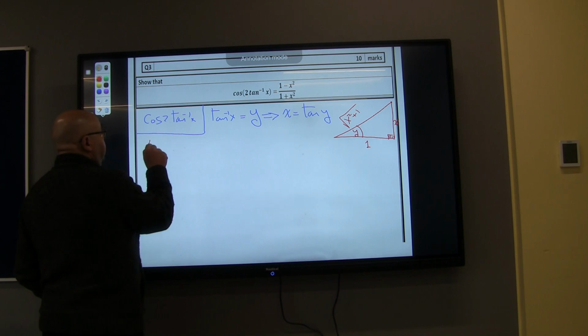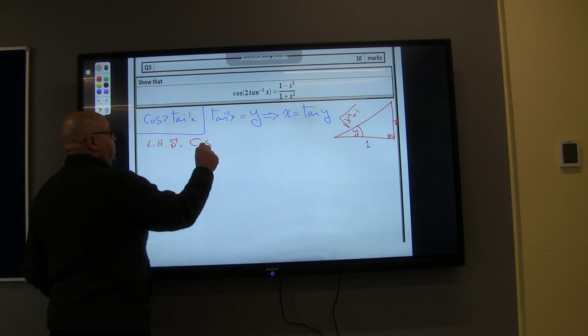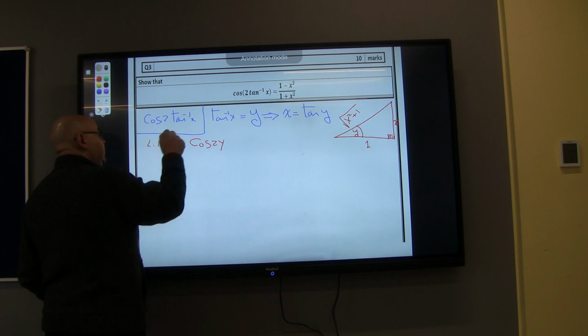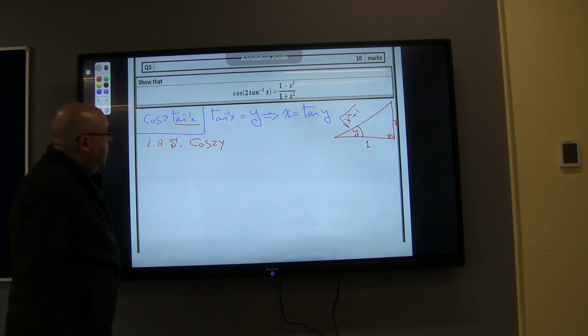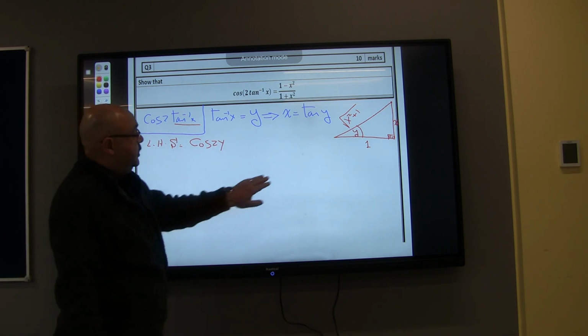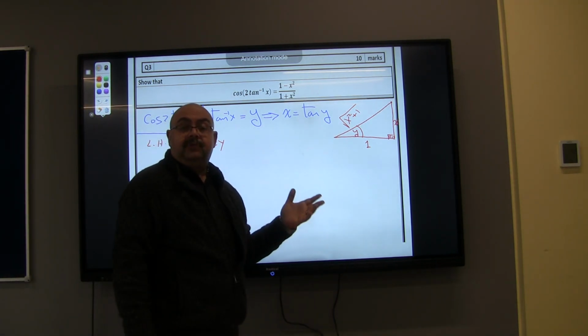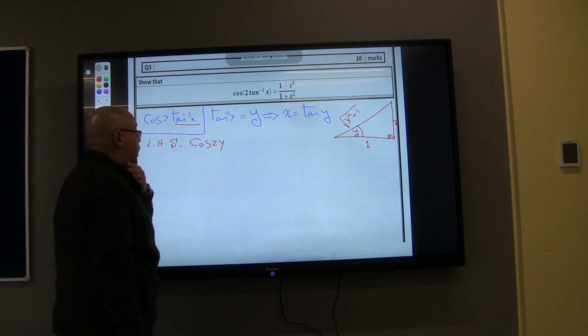So starting from the left hand side, instead of dealing with this function, I will deal with cosine of 2y. Just replace tan minus 1 x by y. But unfortunately, this triangle will give you the values of cosine or sine in terms of y, but I have here cosine 2y.